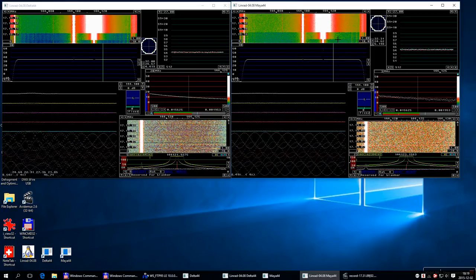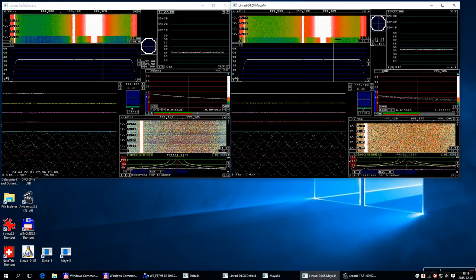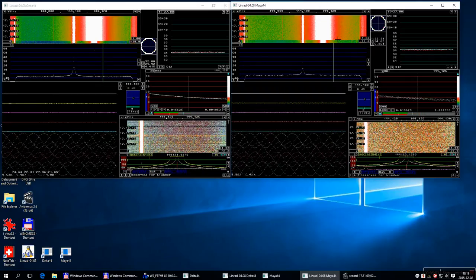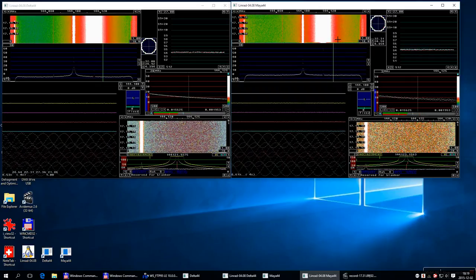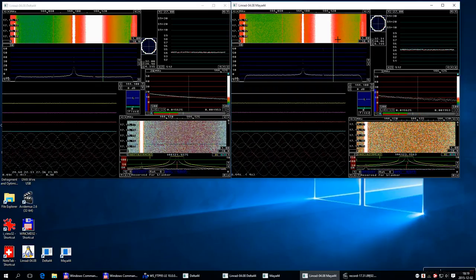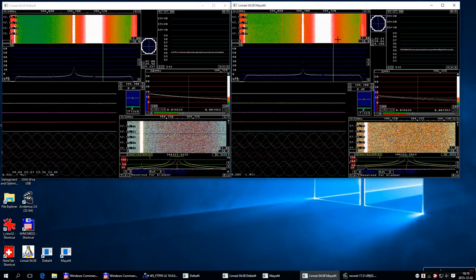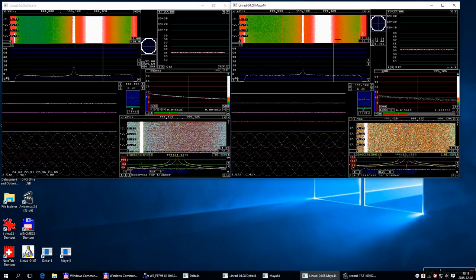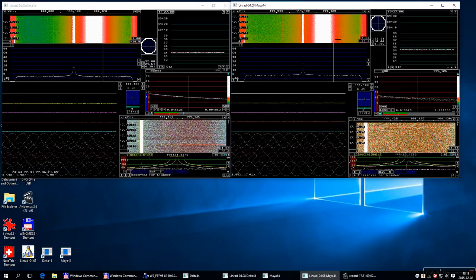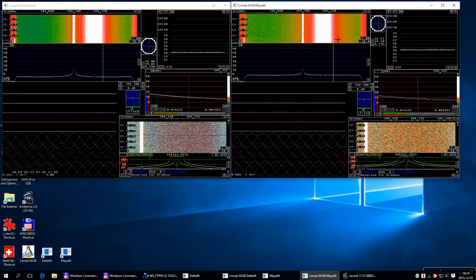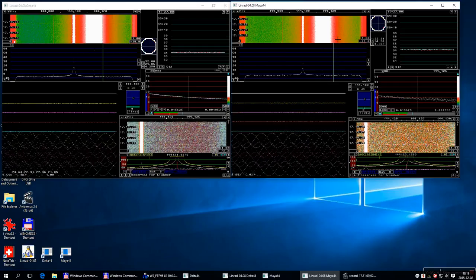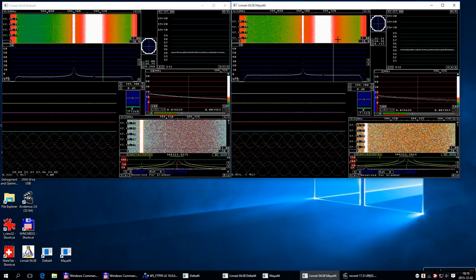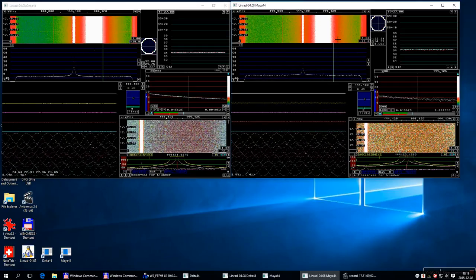So I disconnect the pulse generator, and we still lost equally much. It's the signal generator, or maybe it's the phase noise from the IQ Plus, I don't remember. So this was about the noise blanker.